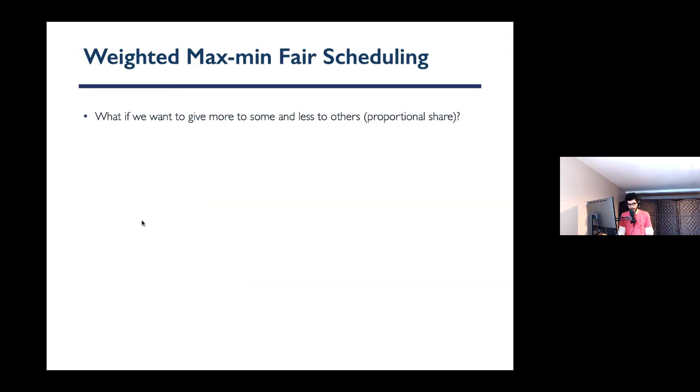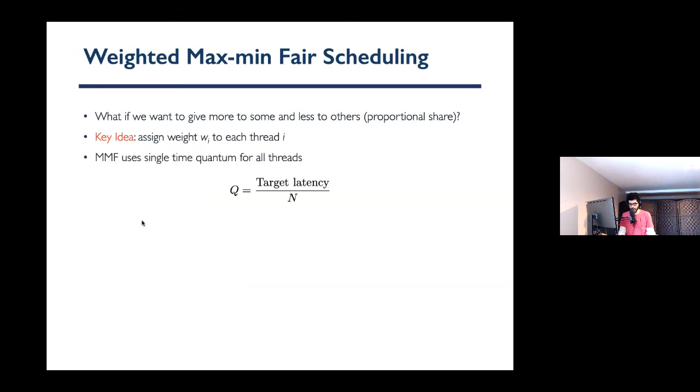The idea is that instead of looking at cumulative time on the CPU, you divide that by the weight of each thread. It's exactly the same notion that we had with stride scheduling.